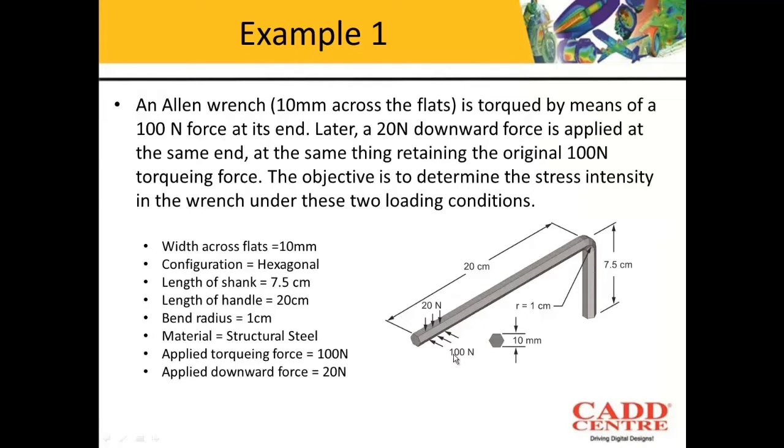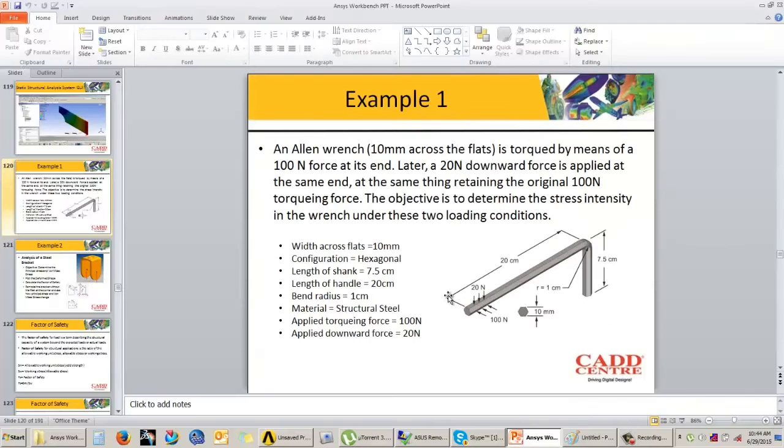You can see over here, and later it is also having a downward force of 20 Newton. Okay, and we have to determine the stress intensity in the wrench under these two loading conditions. The material that is going to be used for this Allen wrench is structural steel. So let us go ahead and perform this analysis in Ansys Workbench.